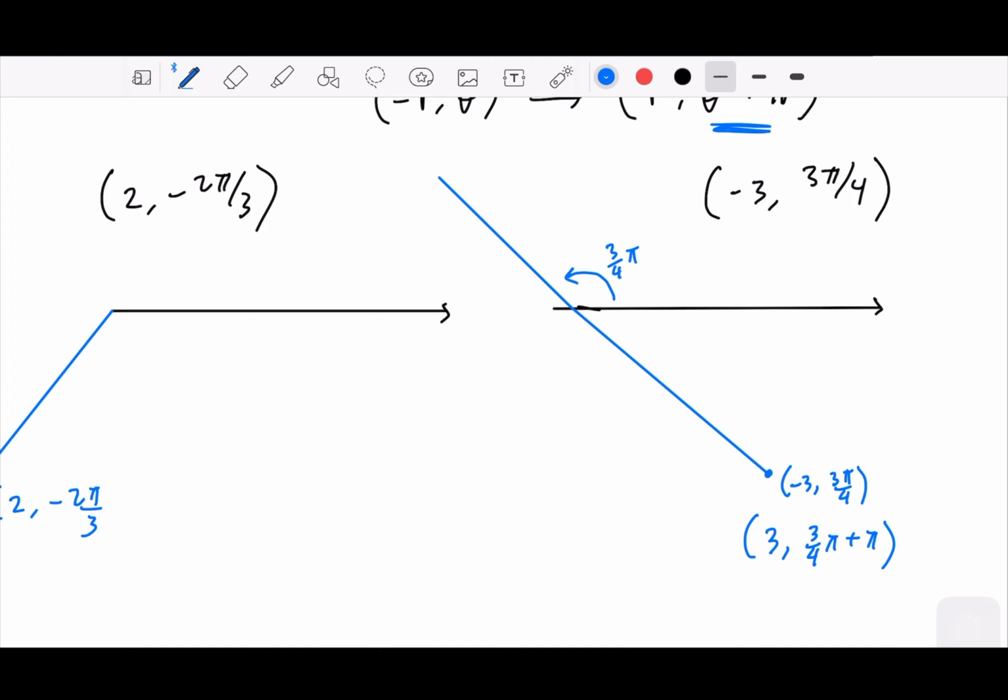It's a little bit confusing for the negative part, but the whole polar will have the same rules. Okay, that's the introduction of polar. And sometimes if the angle is more than 2 pi, then you will have that circling around.